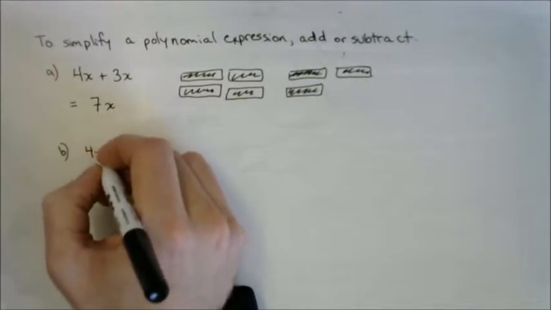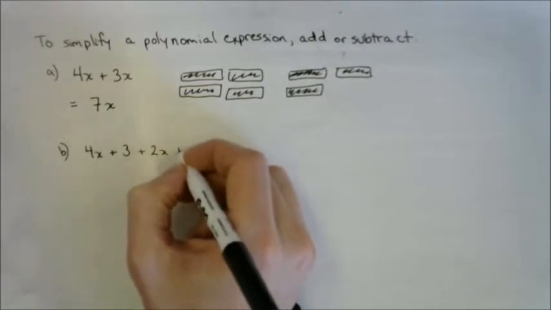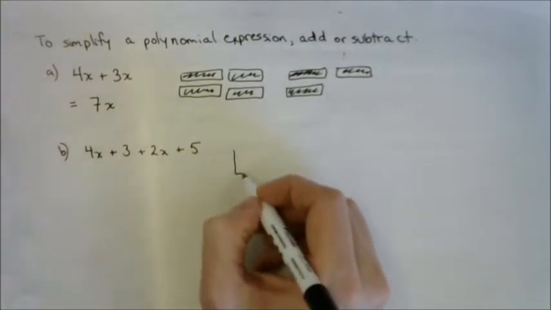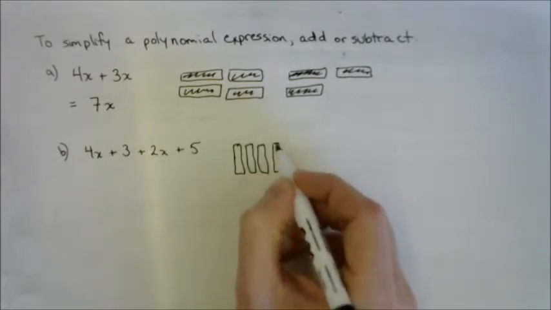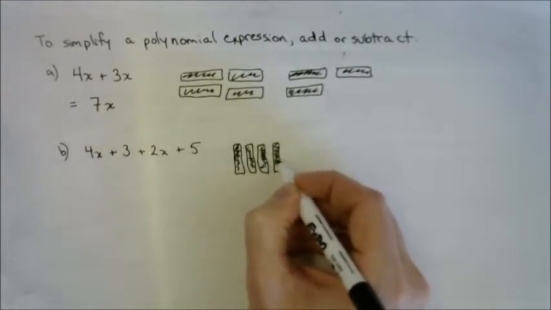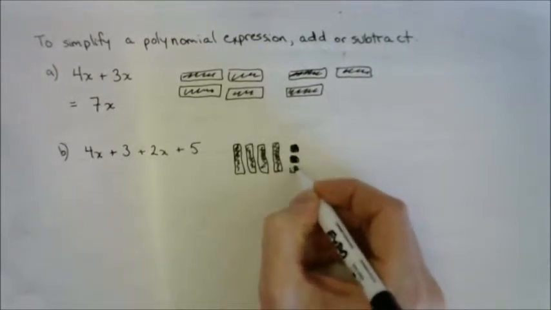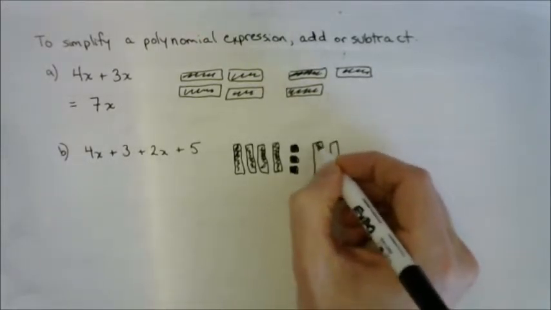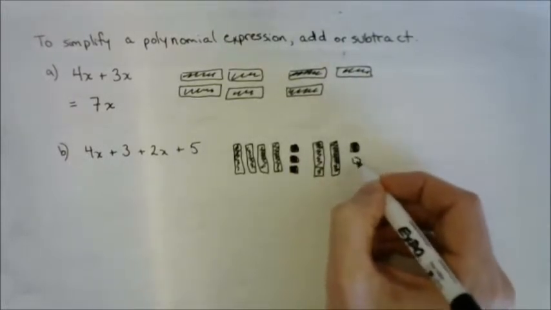Looking at example B, we have 4x plus 3 plus 2x plus 5. Okay, we can draw that as well. We're going to have 4 x's, three unit tiles, 3 ones, and then we're going to have 2 more x's and 5 more ones.